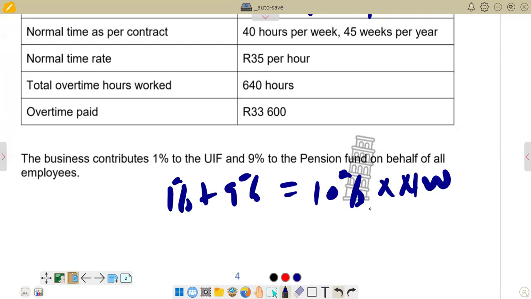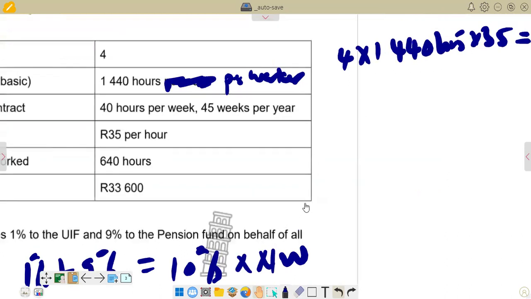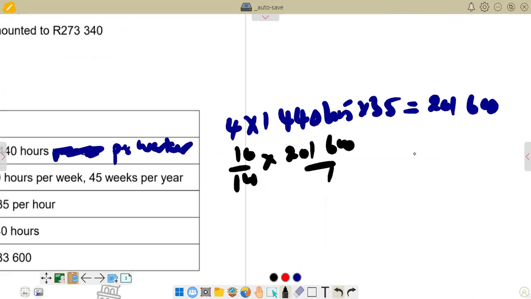So we're going to say 10% of the normal wage, which is the one that we have already calculated. So 10%, which is 10 over 100, then you multiply by the figure that we have there, which is 201,600 over 1. Calculate like that, you're going to get 20,160. So this is what we have.